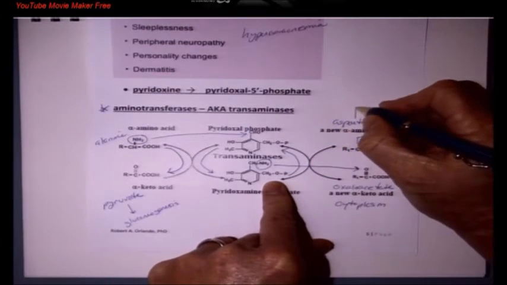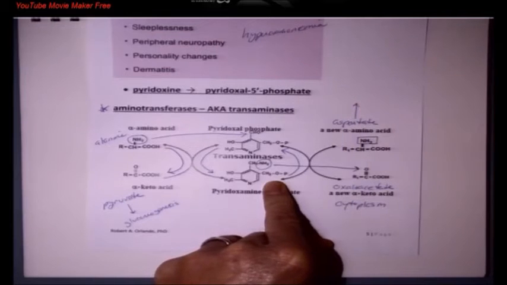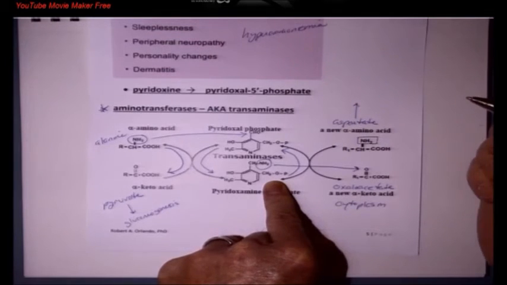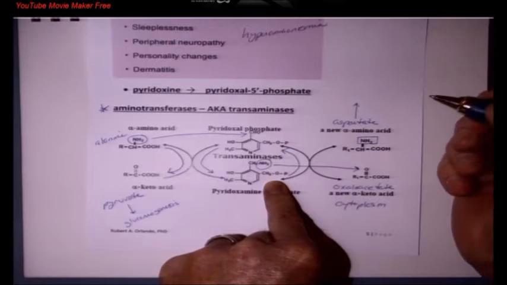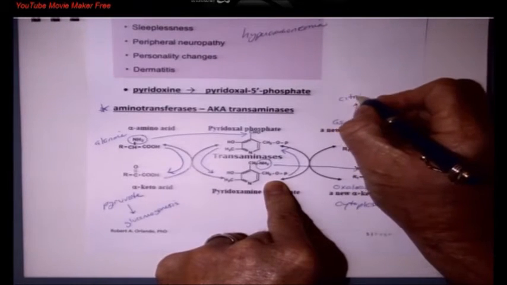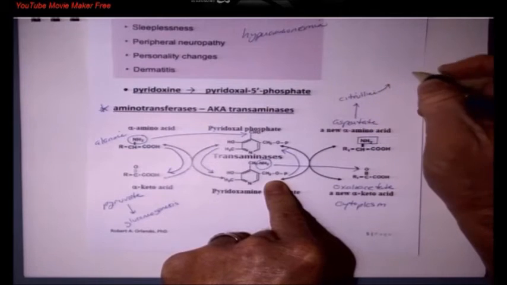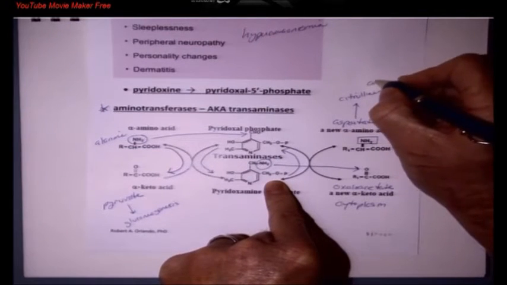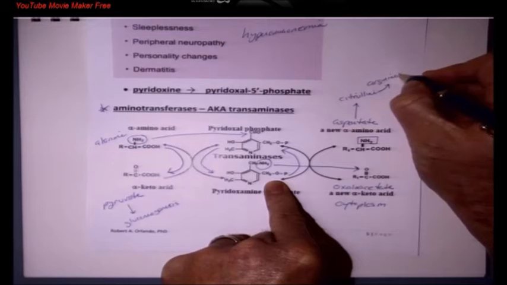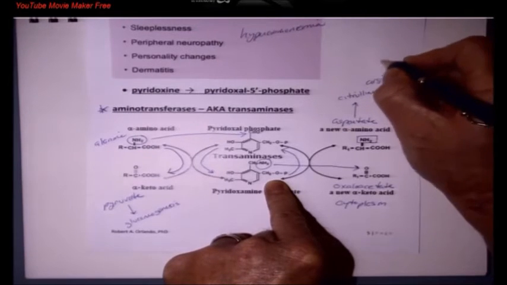And then the aspartate is going to be added to citrulline. And then this will form argininosuccinate. And then on to forming urea.